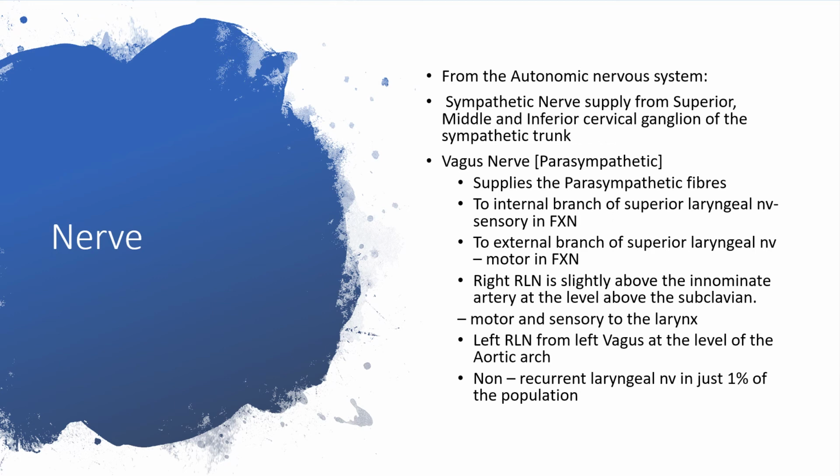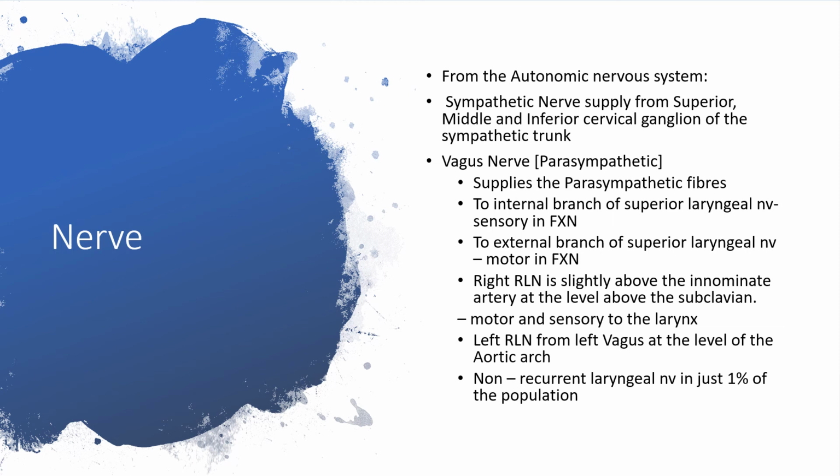And that will supply parasympathetic fibers to the internal branch of the superior laryngeal nerve, that is sensory in function, to the external branch of the superior laryngeal nerve, that is motor in function, and the right recurrent laryngeal nerve is slightly above the innominate artery at the level above the subclavian, and that will have both motor and sensory function to the larynx.